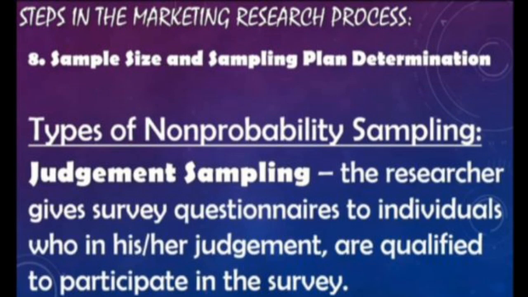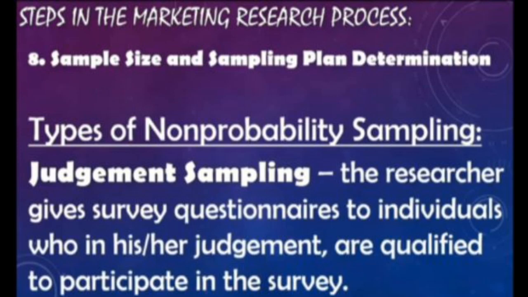The second type of non-probability sampling is the judgment sampling. The researcher gives survey questionnaires to individuals who, in her judgment, are qualified to participate in the survey.